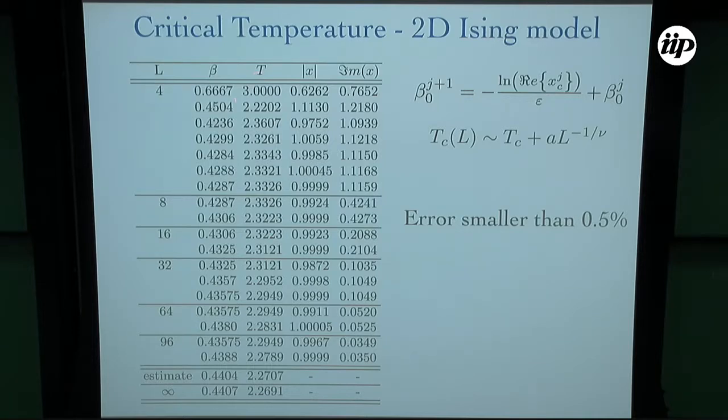We start, for example, at temperature equal to 3, iterate the algorithm, and then we end up with this temperature. The criterion that we use to stop is how close the real part of the zero is to 1. Okay? So here we have 4 figures.